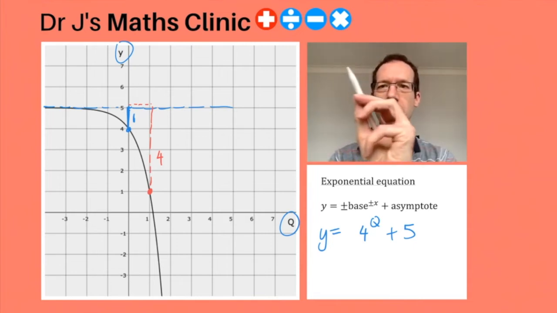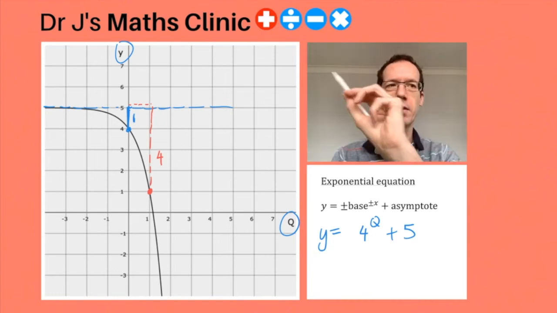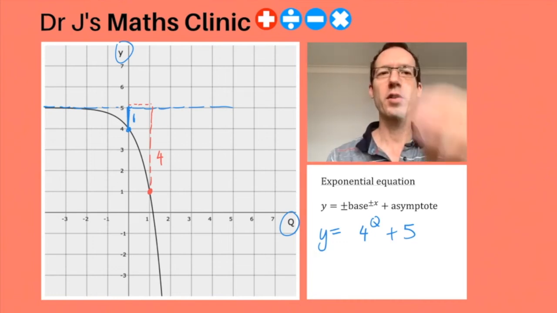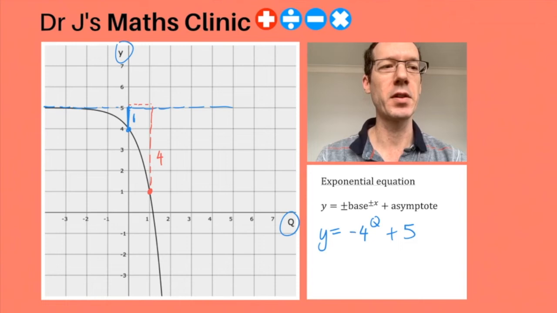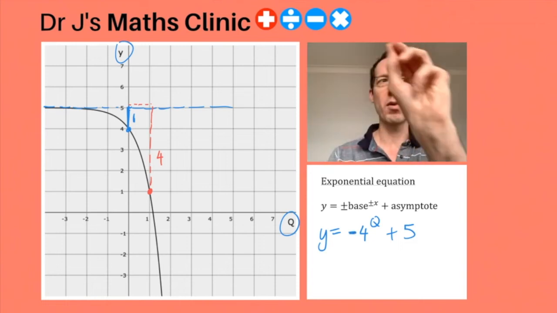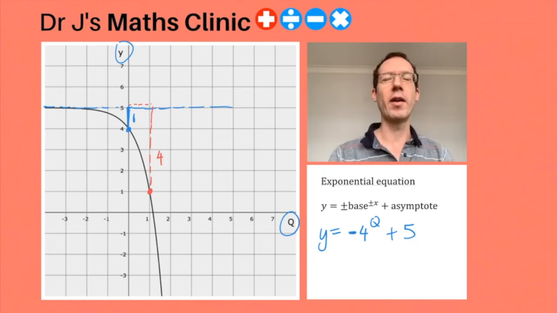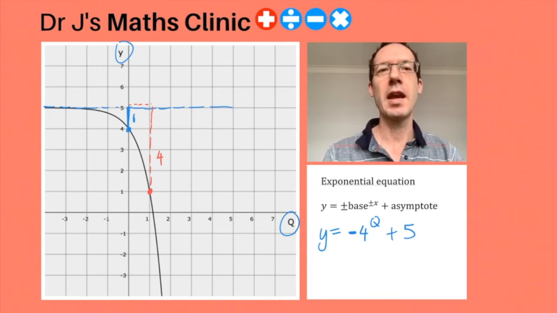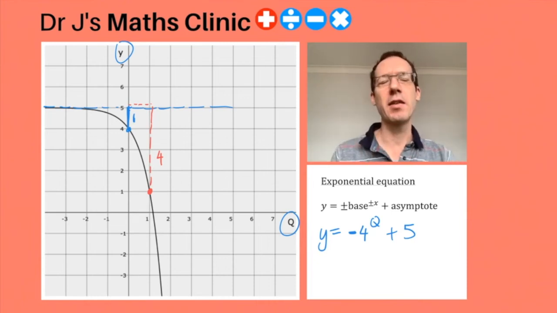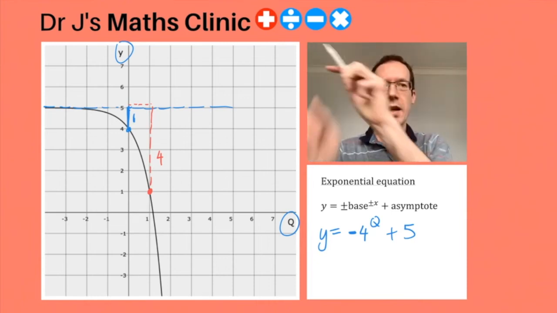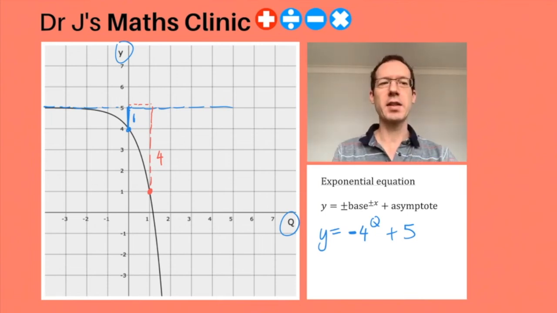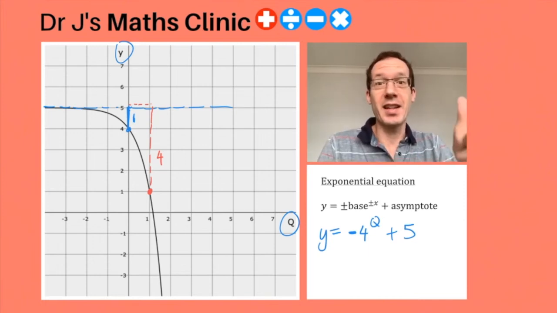So when you see something that goes like that, scooting down, it tells you that you're going to need a minus in front of it, just because that's going to make it go lower and lower and lower. And so that's how this one's slightly trickier than the first example. Because it's going down faster and faster, I'm going to need a minus in front of that base. If you test that out by a random point, you will see that it works, but that's basically it.